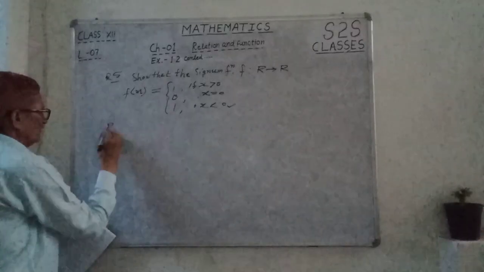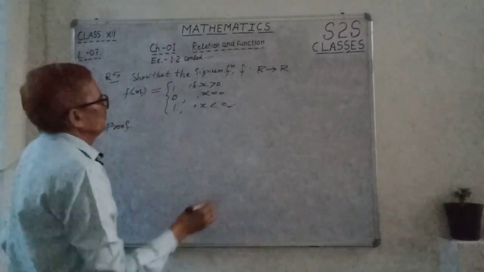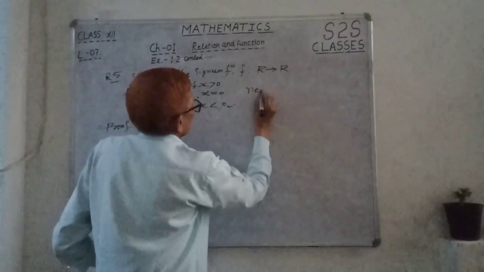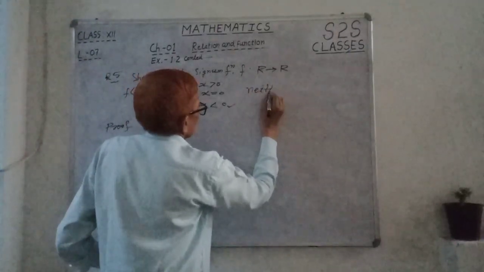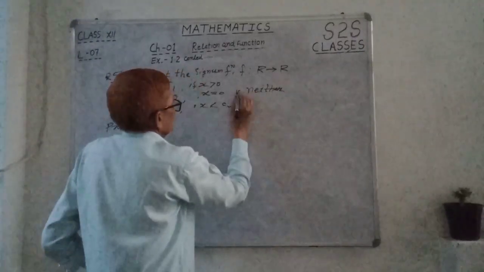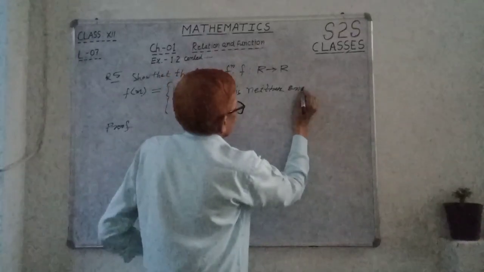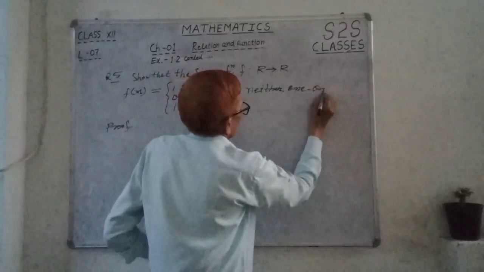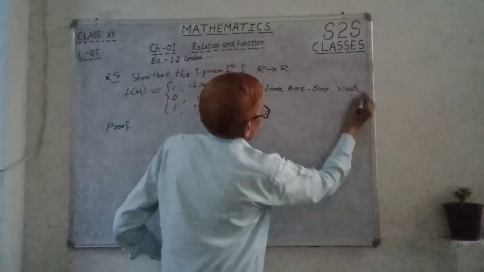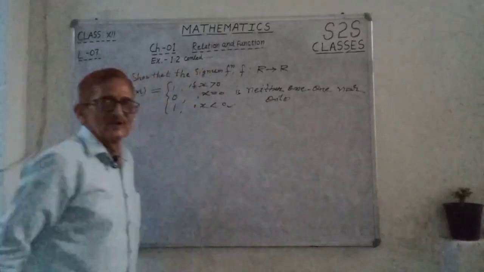So we have to prove that f is neither one-one nor onto. This we have to show.